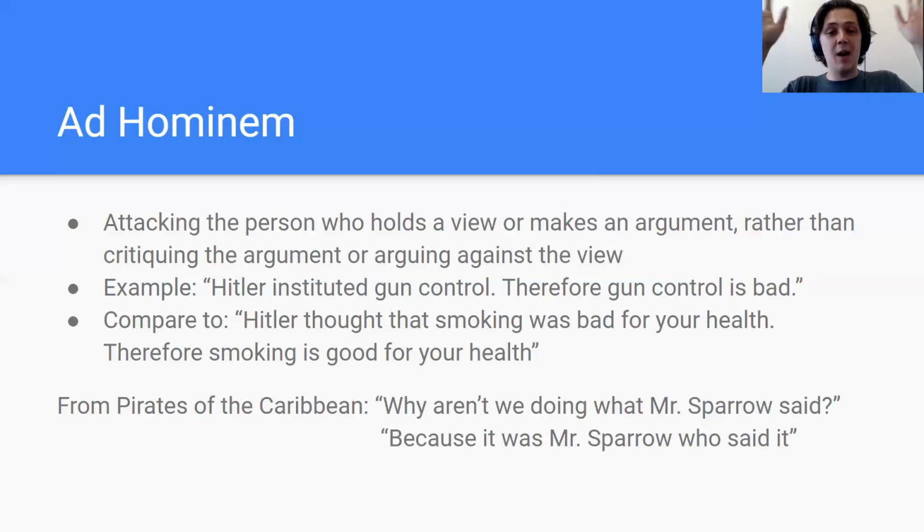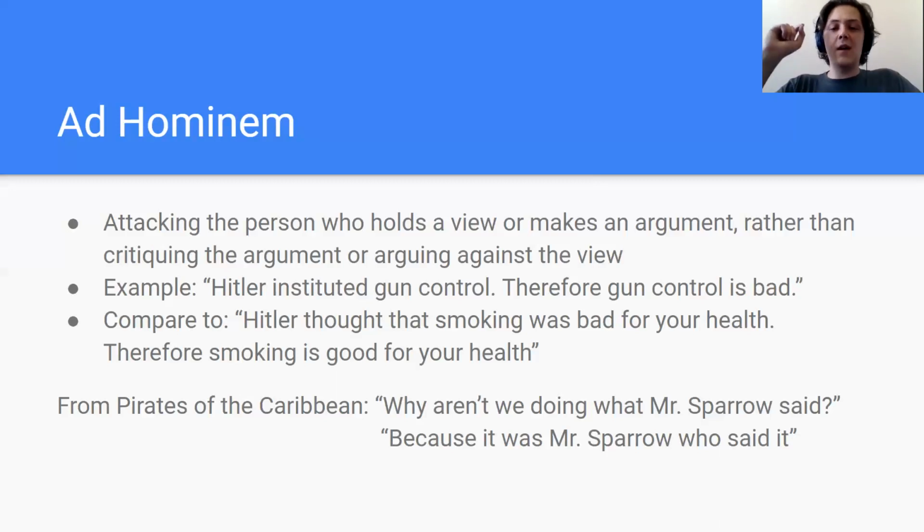They're terrible, terrible people, terrible government, morally reprehensible. We all agree on that. But the fact that morally reprehensible people thought smoking was bad for you does not mean that smoking is good for your health. In fact, smoking is bad for your health. It causes cancer and all other sorts of issues.